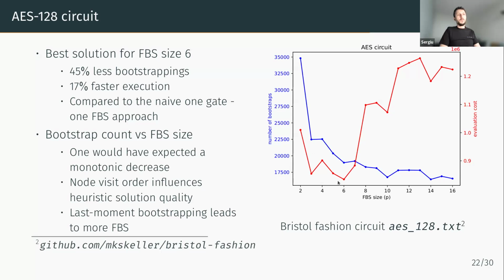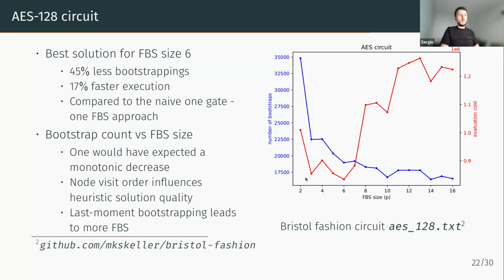And the best solution is obtained for functional bootstrapping size of 6. We have 45% fewer bootstrappings, and the execution time decreases by 70%. And all of this is compared to the naive approach, when functional bootstrapping size is 2.